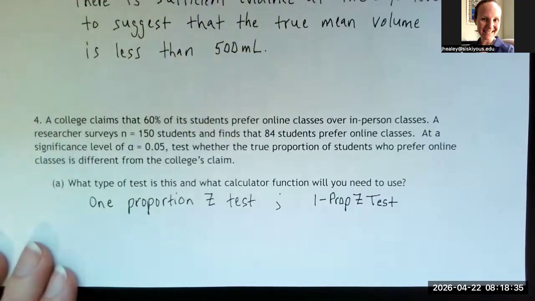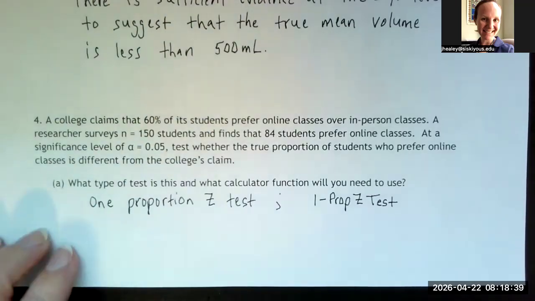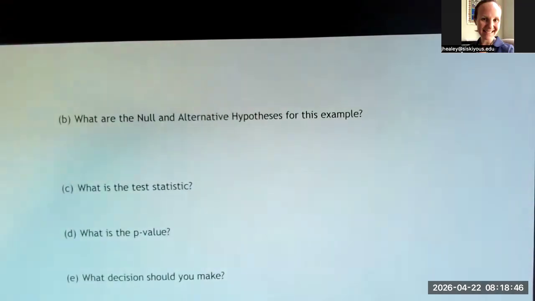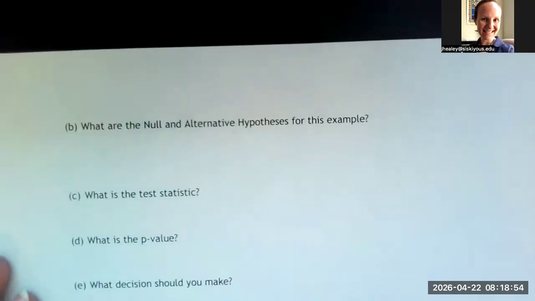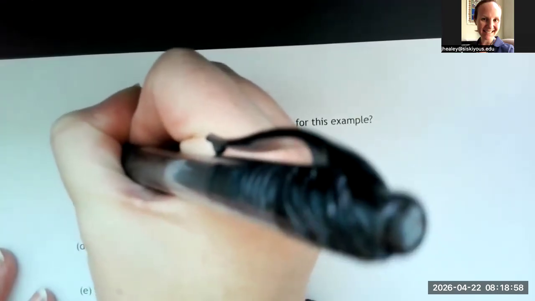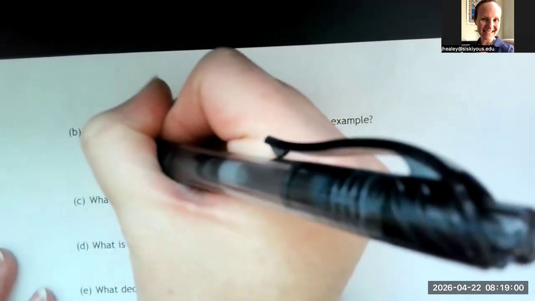So we need to write our null and alternative hypotheses for this example. In this case, we said that 60% of students prefer online classes. So that's going to be our p-value for the null hypothesis, it's what the claim said.